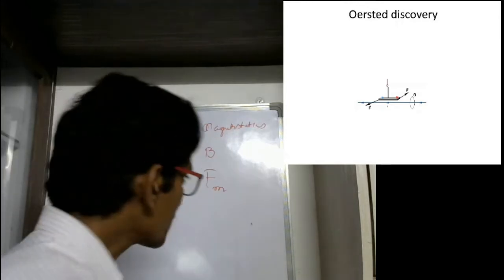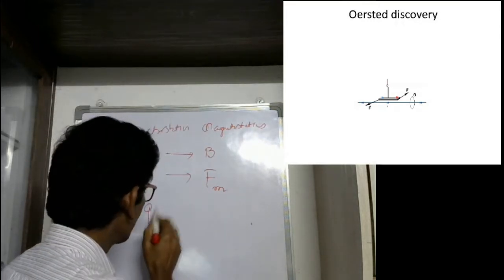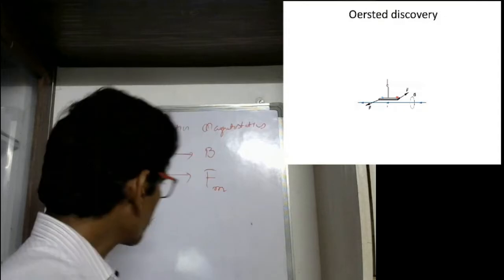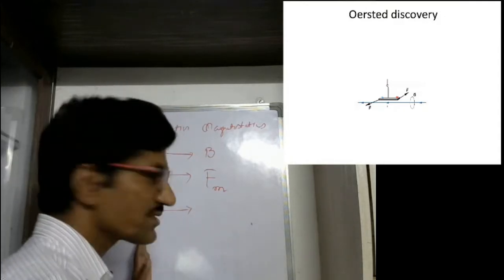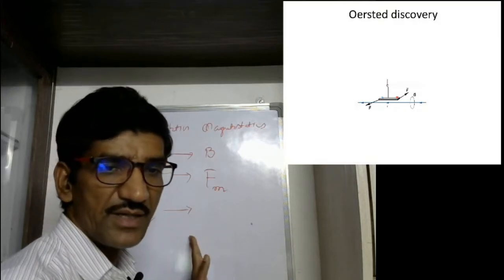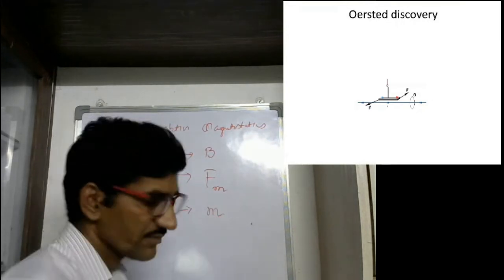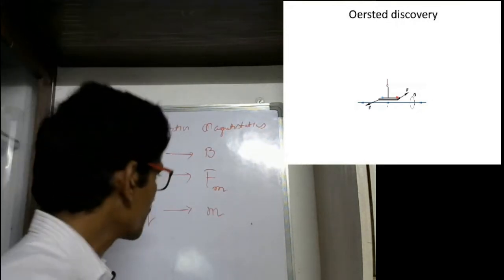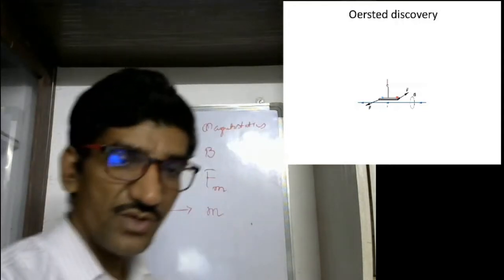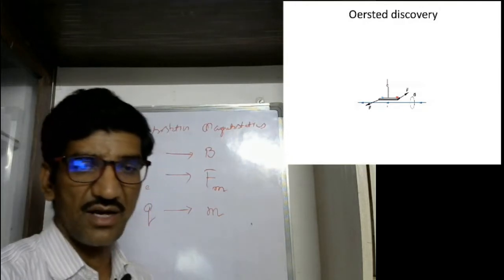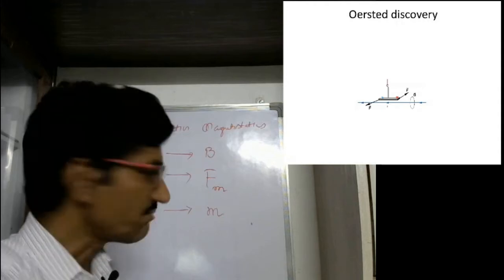What is the source of electric field? Stationary charge. Whenever you study magnetism as a separate branch, the place of Q is occupied by the pole strength, small m. Of course, we will not go into pole strengths and all these things. Why? Because we do not take the natural bar magnets for the creation of the magnetic field.